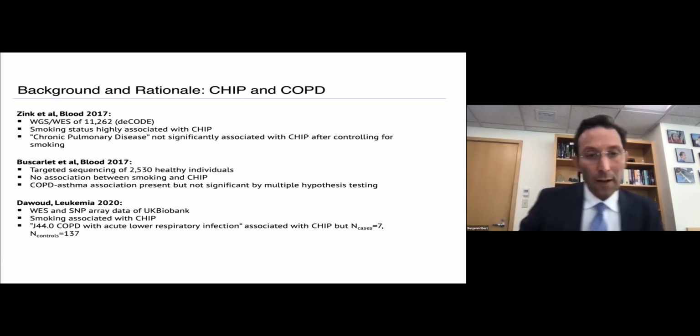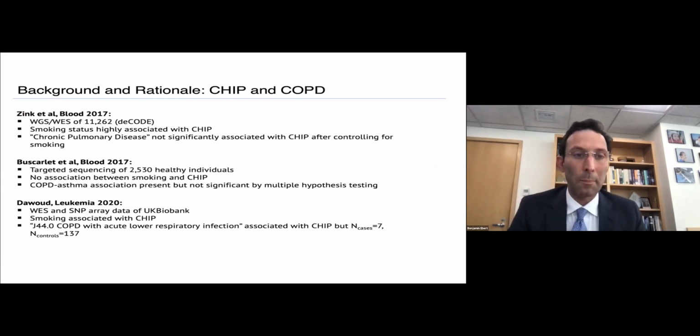Now, those findings have been published and replicated. I wanted to talk briefly about another common disease, which is COPD, chronic obstructive pulmonary disease, or emphysema. And there's been a few papers on this topic, one by Zink et al., which was a large study of about 11,000 genomes and exomes.